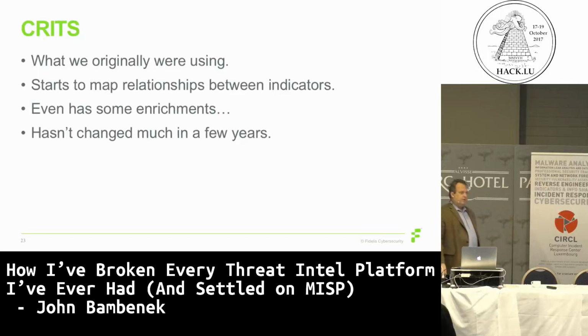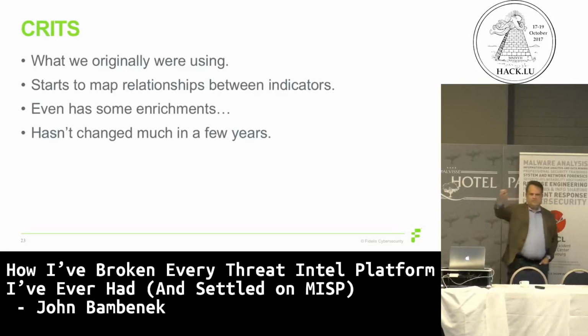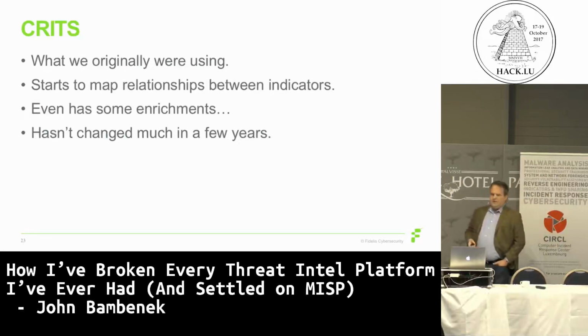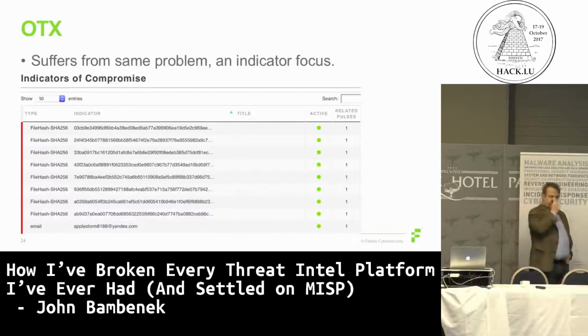CRITs was something internally we were using that kind of started to have the functionality to map relationships between indicators. You could talk about campaigns and actors. It even had some enrichments, but it hasn't really developed much in the couple of years. OTX, AlienVault, similar problem where it's got a very indicator focus.